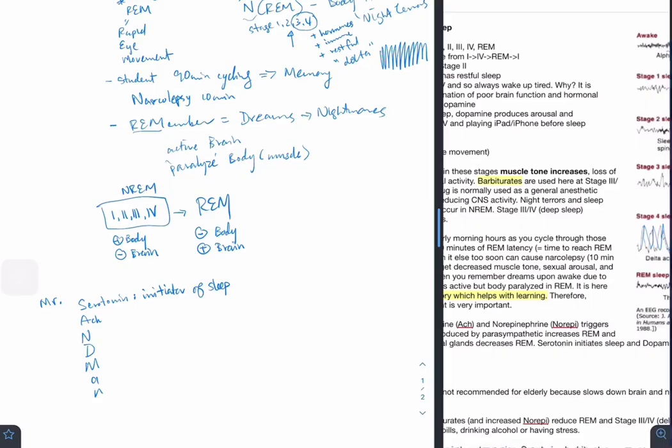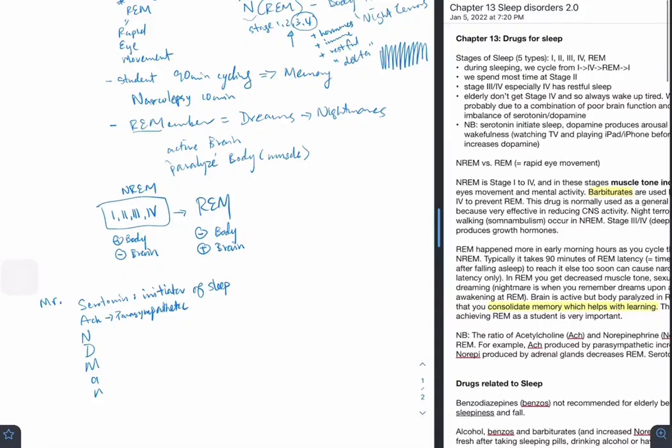And that's the neurotransmitter of which nervous system? If you say parasympathetic, then you are correct. And like I said, parasympathetic has to do with sleep. So, the more acetylcholine you have, the sleepier you become.